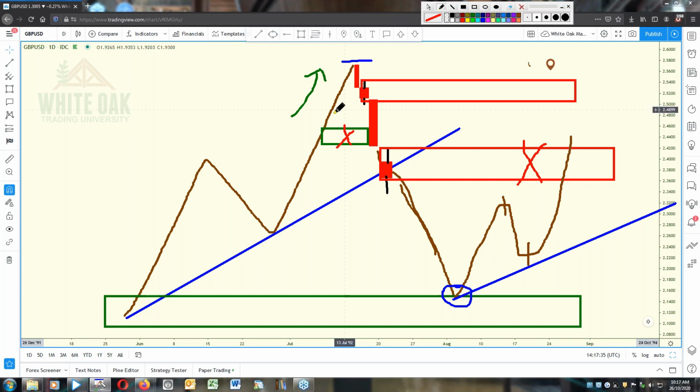So think about it. If the institutions created supply up here, that is a massive wall, a boundary, obstacle, whatever you want to call it. That's a massive obstacle that could be used to push price lower.